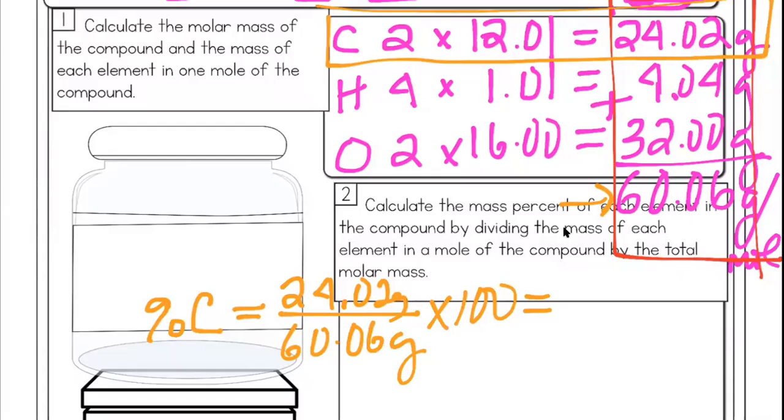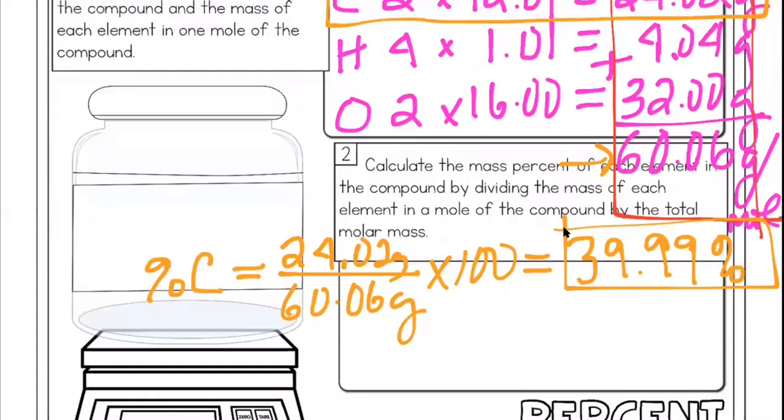Now, for your percentages, in the practice numbers that are online on the notes, you're rounding to 2 decimal places for the percentages. So for this one, I get 39.99%. Okay, for the carbon.